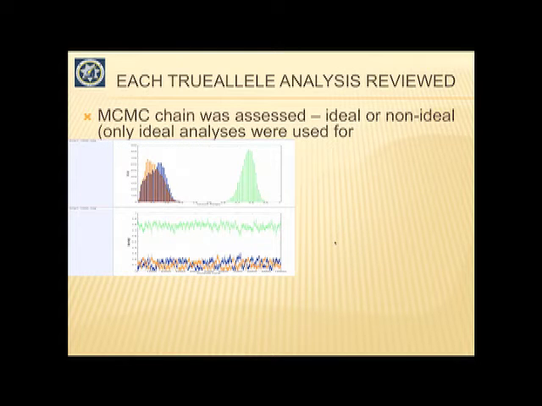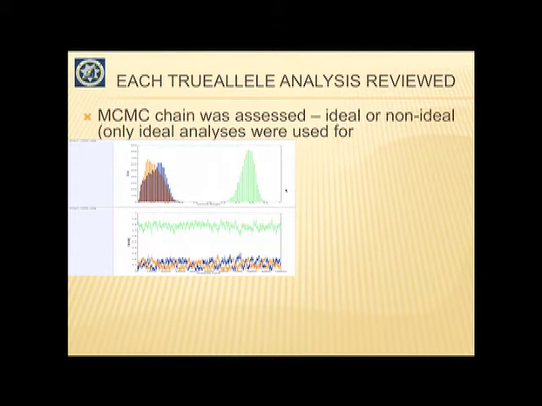Now, I'll give you an example of what we assessed as an ideal Markov chain Monte Carlo analysis, or sampling, for a three-person mixture. On the top panel is the histogram distribution around the mean for mixture weights, and you can see there's a broad distribution around that mean.